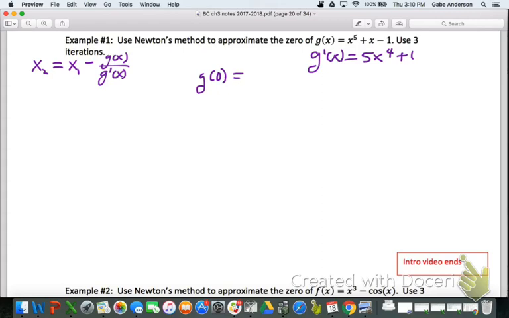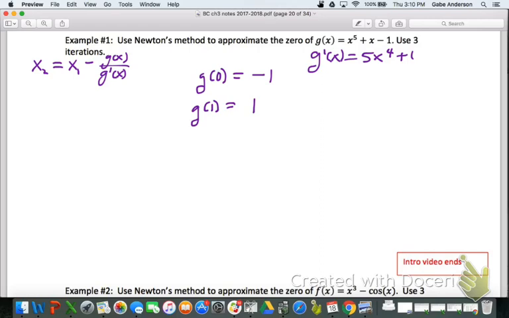If x is 0, I get 0 plus 0 minus 1, which is negative 1. And if I try g of 1, I get 1 plus 1, which is 2, minus 1 is 1. So that tells me right there that I've got a 0 somewhere between 0 and 1.